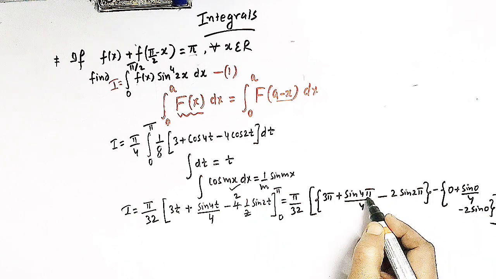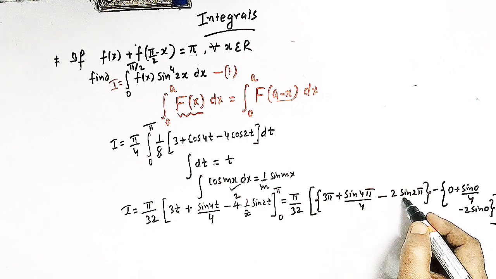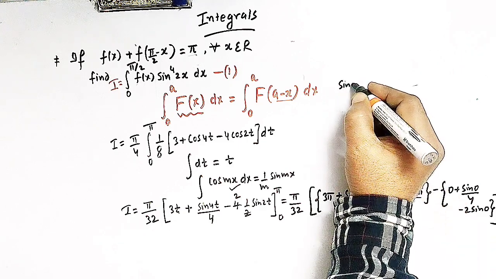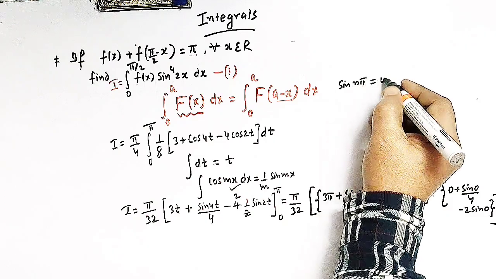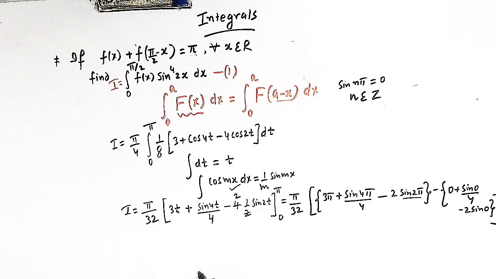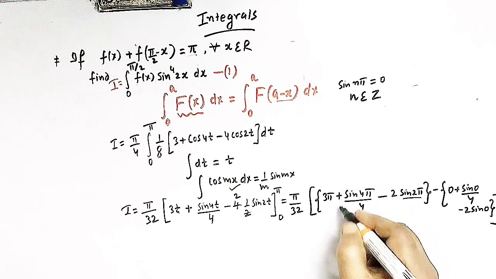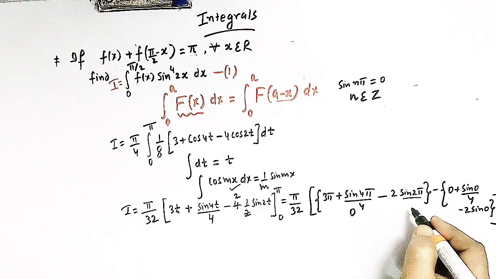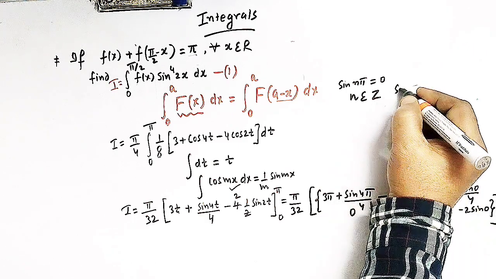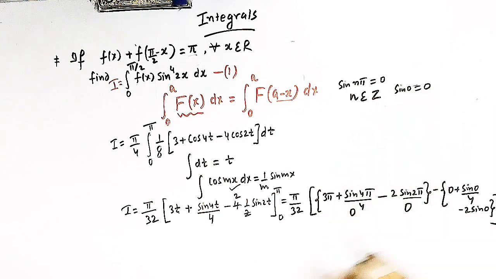Now the value of sine 4 pi is 0, sine 2 pi is also 0, because we know that sine n pi is equal to 0 for all n belonging to the set of integers, right? So this term is 0, this term is also 0, and this is 0, because sine 0 is 0, right?